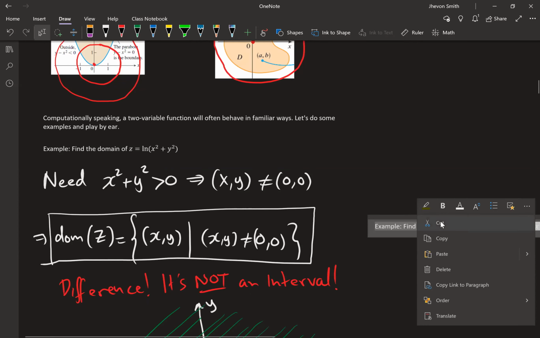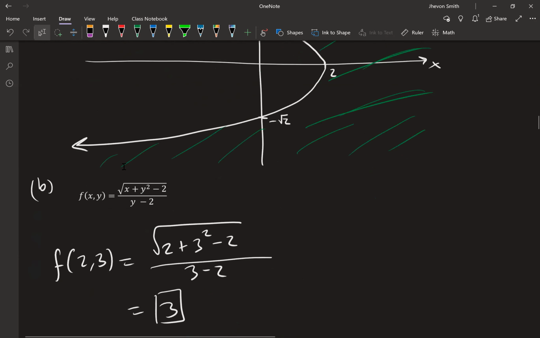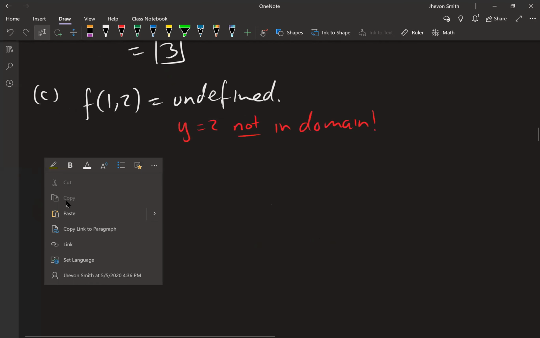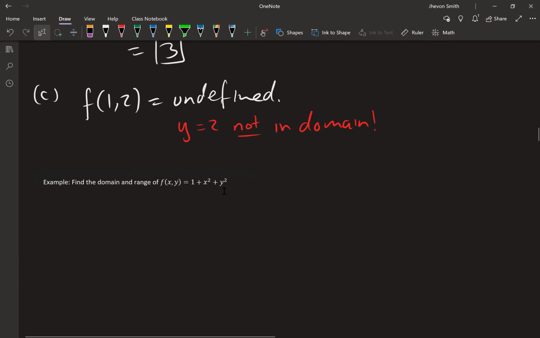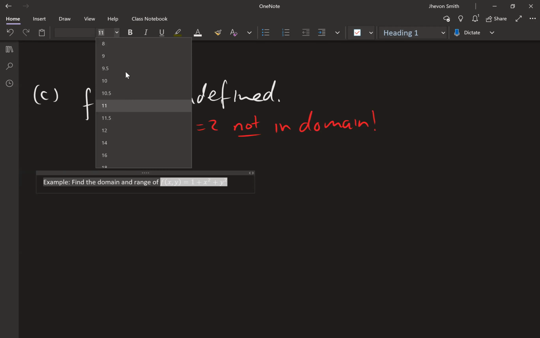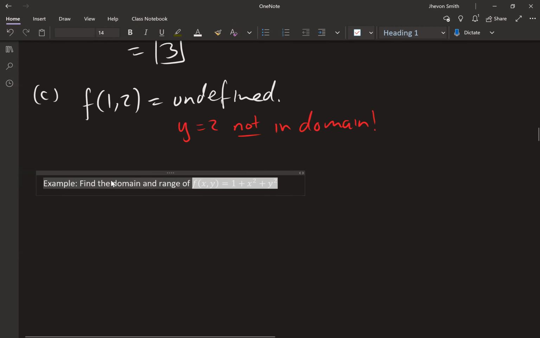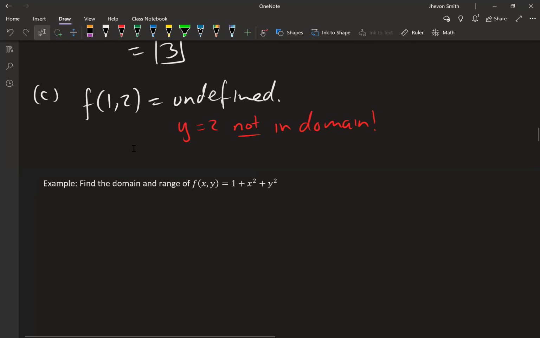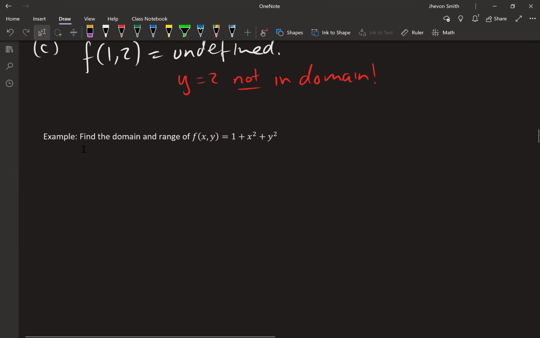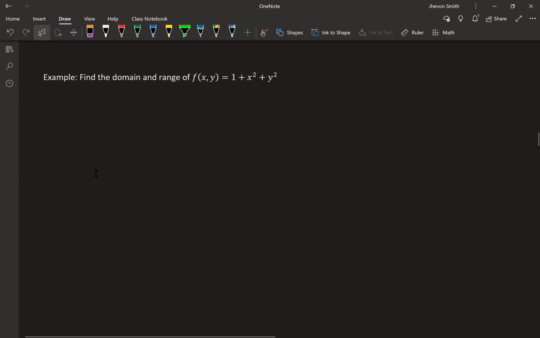Here's another one. Domain and range of this function. What's the domain?